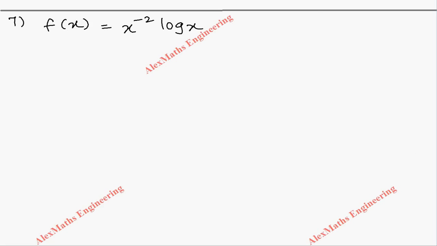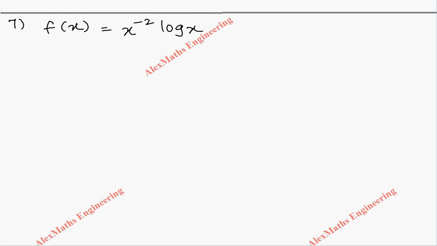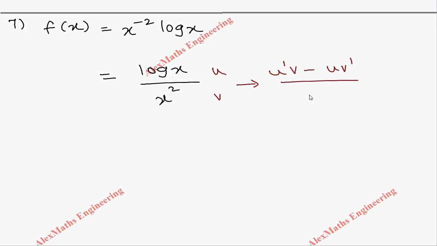Question number 7. We have f of x is equal to x square into log x. So let's rewrite this. We can write this as log x divided by x square. And we have to follow the quotient rule. This is u and v, and differentiation of this will be u dash v minus u v dash divided by v square.